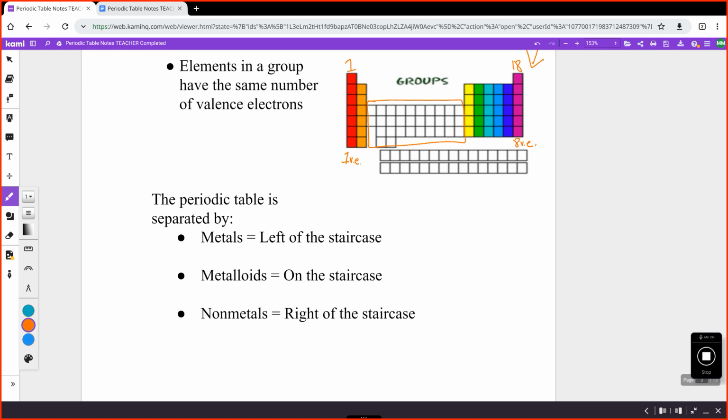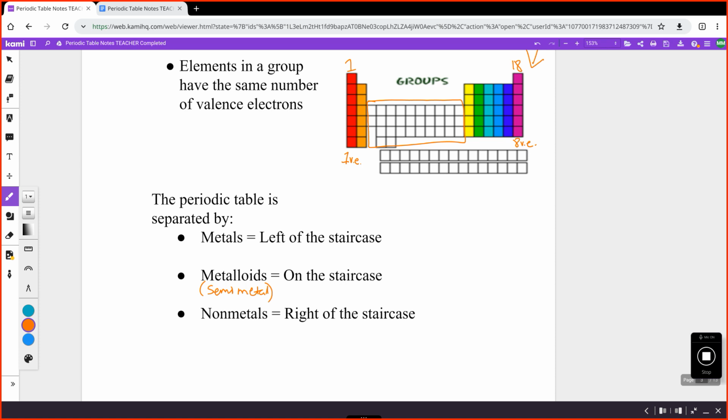The last big idea before we start focusing on small details of the periodic table is that the periodic table is separated into metals, nonmetals, and metalloids. Okay, a metalloid we can also call a semi-metal.